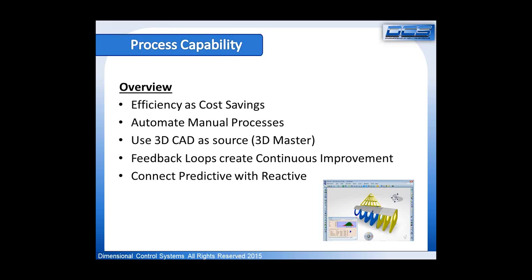And of course, as you saw in the earlier slide, this notion of being able to control variation by connecting the predictive and reactive or responsive elements of, in this case, process capability.